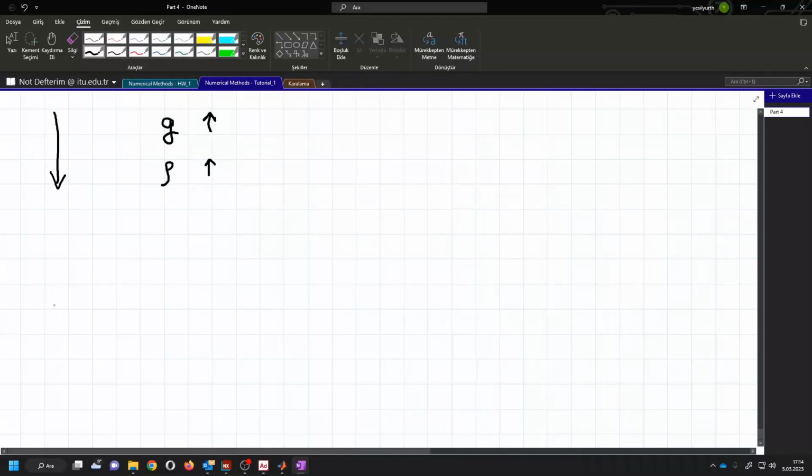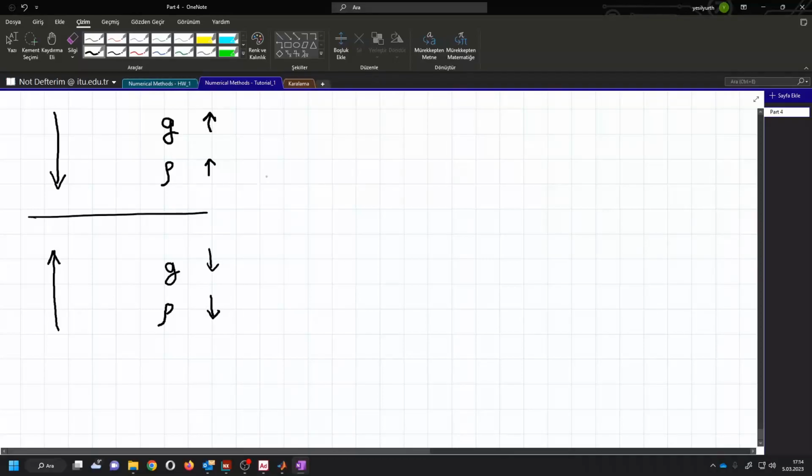But if I'm going in upward direction, my gravitational force or gravitational acceleration decreases, and the air density, which means the aerodynamic force, also decreases.